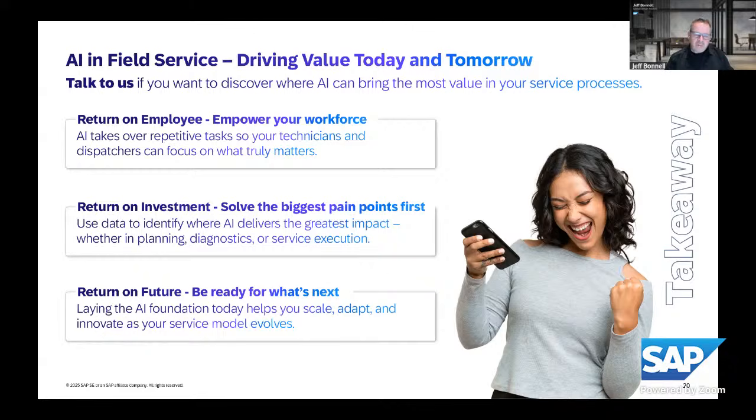Within the core planning, you can use AI to automatically suggest templates for planning of the work, reducing the amount of time it takes for planning and scheduling. We saw how, when it comes to assigning the right people to the job, AI can really help make sure you're optimizing your workforce, optimizing the routing and the execution of that particular work in the field.